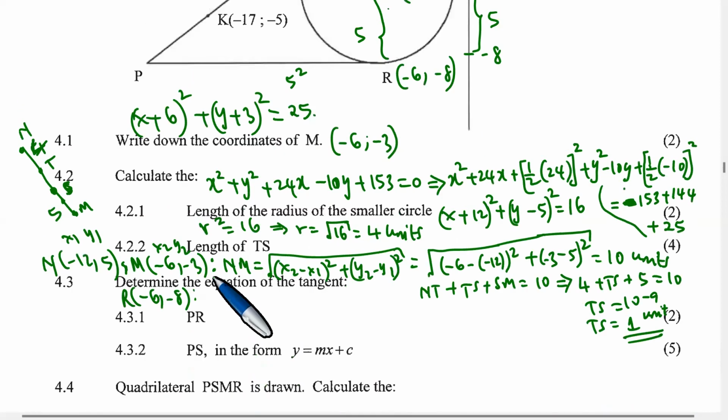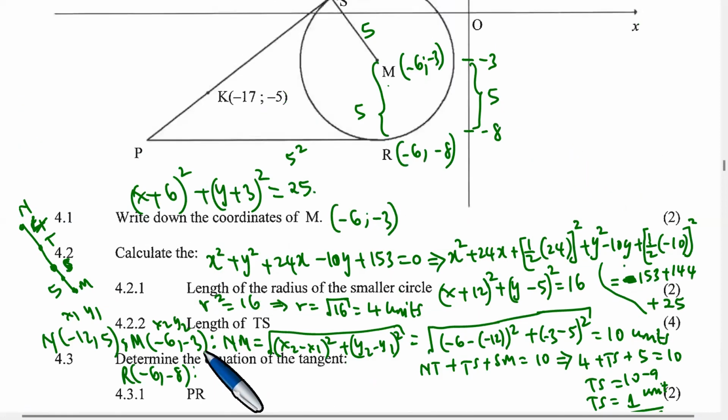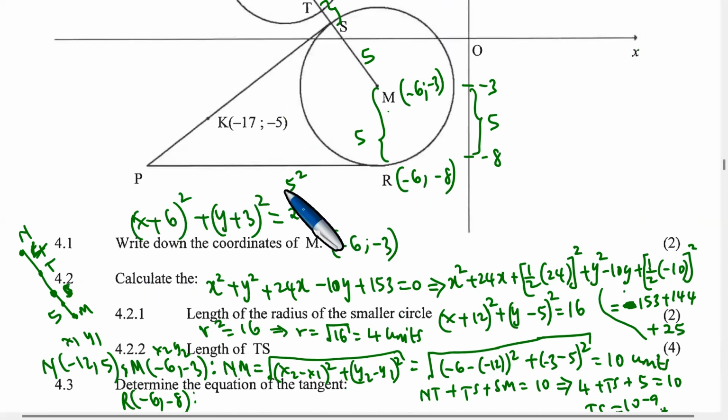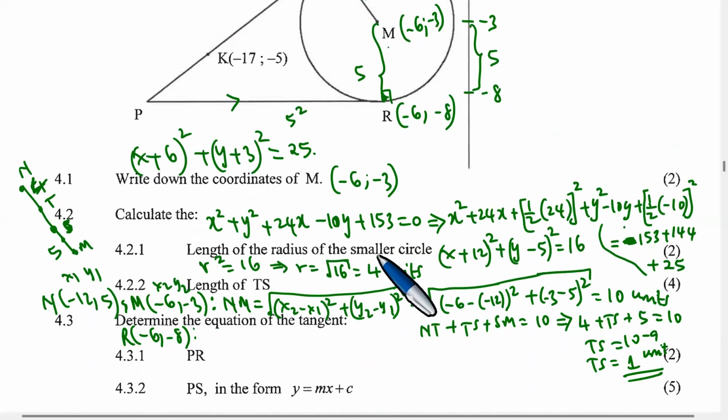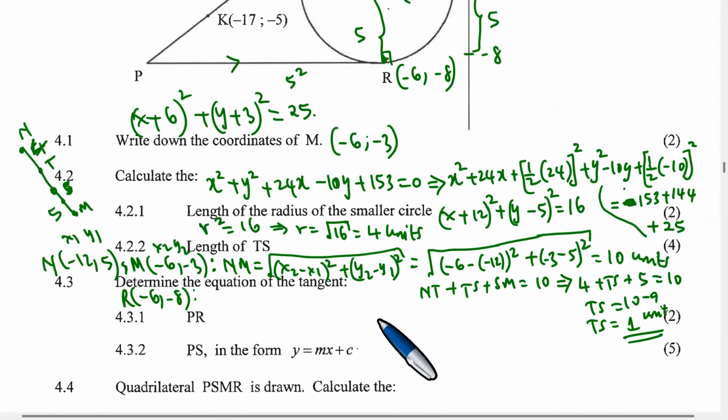And what is then the equation of the tangent PR? The equation of the tangent PR, it is a tangent that is parallel to the x-axis. It is parallel to the x-axis because it's certainly perpendicular to the radius of the bigger circle. So which means we have PR.